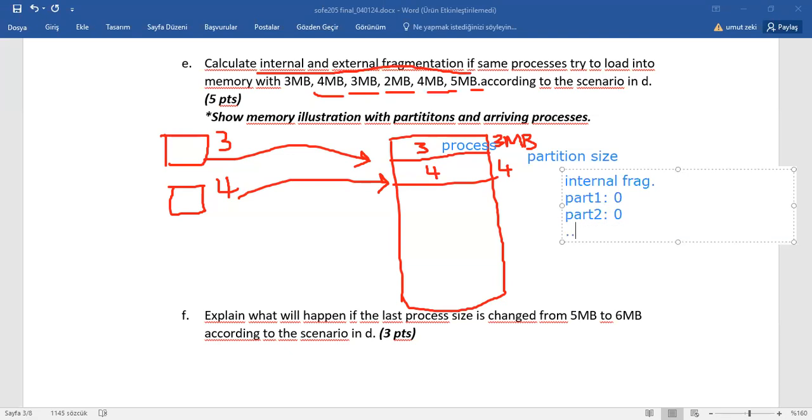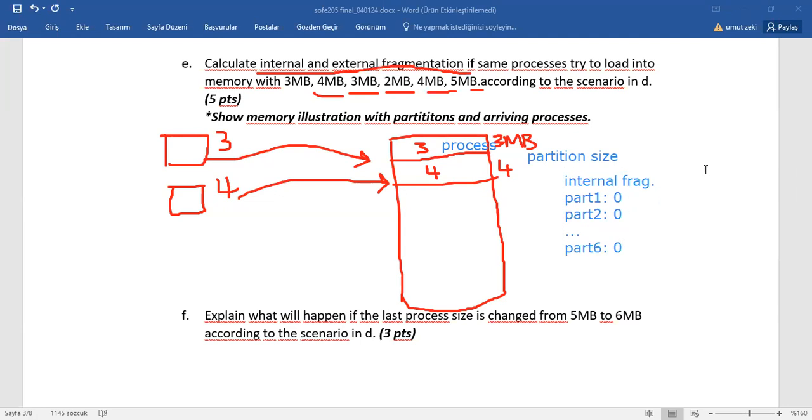All partitions will be 0. Because 3 minus 3 equals 0, 4 minus 4 equals 0. Yes, this is a kind of robotic answer, but it is correct. You can say as well, the memory size and the process size are exactly the same. So that's why it is 0. Your answer is correct. Yes, so internal fragmentation is all 0.